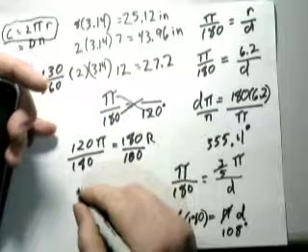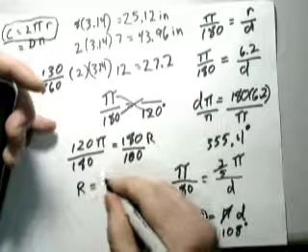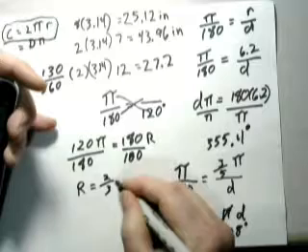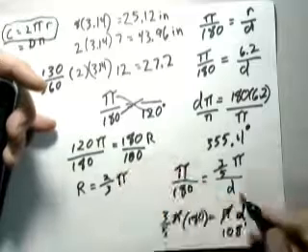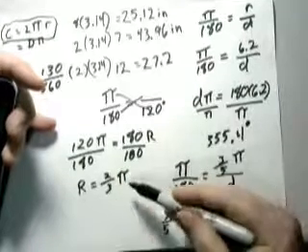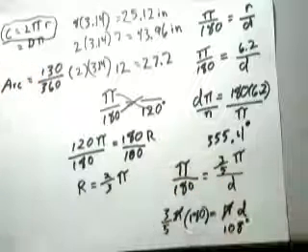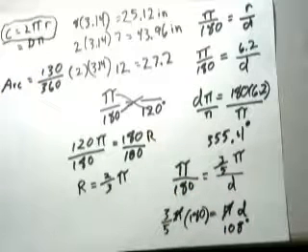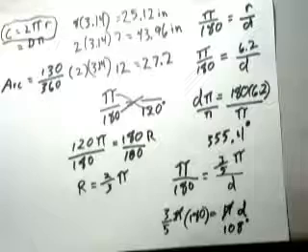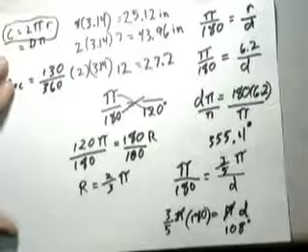So the radian measurement will be 2/3 pi. I left the pi in, which is very common to do. It doesn't always have to be done, but it's very common to do it that way.